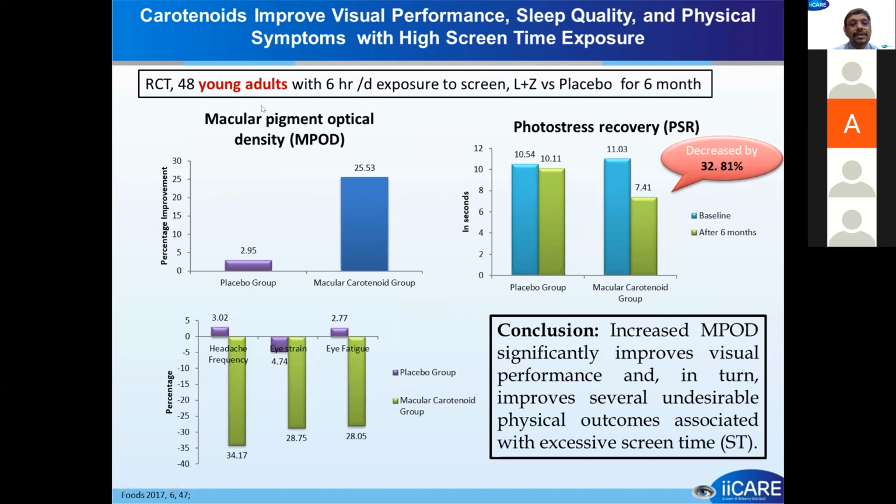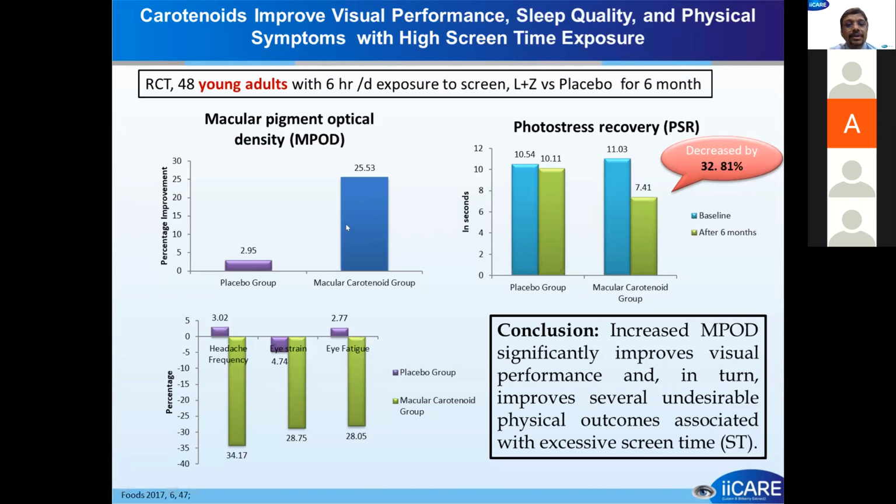In this study, 48 young individuals were included, and they had 6 hours per day exposure to screen. These subjects were given a lutein and zeaxanthin combination, which was compared with placebo, and the treatment was for 6 months.